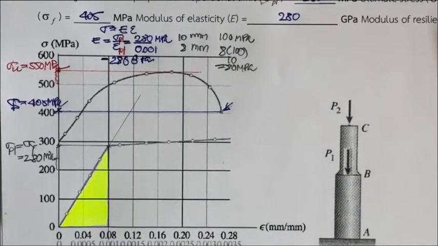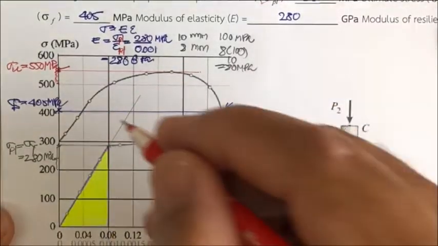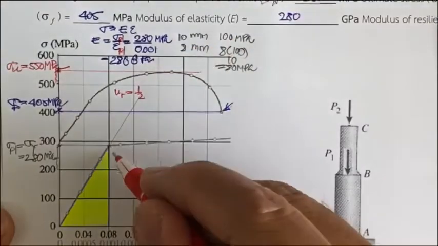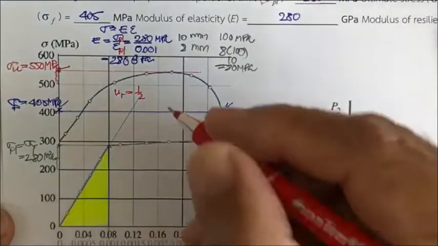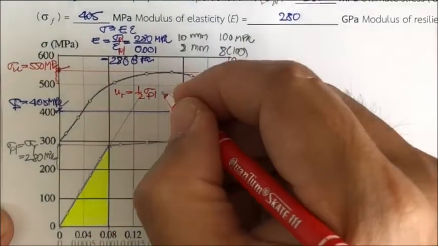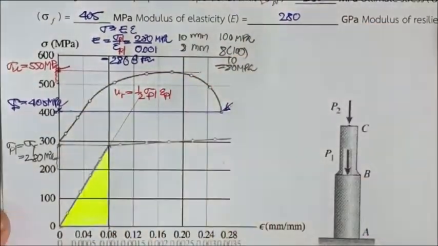You also can determine it by U sub R equal to 1/2, this is the proportional stress, sigma sub PL, and this is the proportional strain.